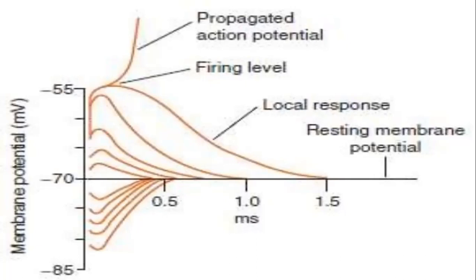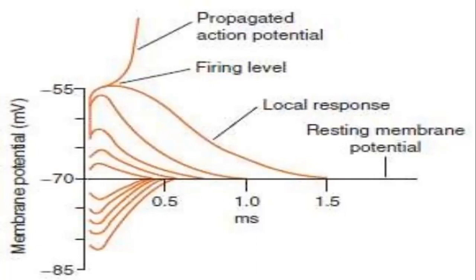So you can see here the resting membrane potential was minus 70 millivolt in the neuron. The first 7 millivolt is the electrotonic potential; electrotonic conduction occurs here. Then the next 7 millivolt is the local response.